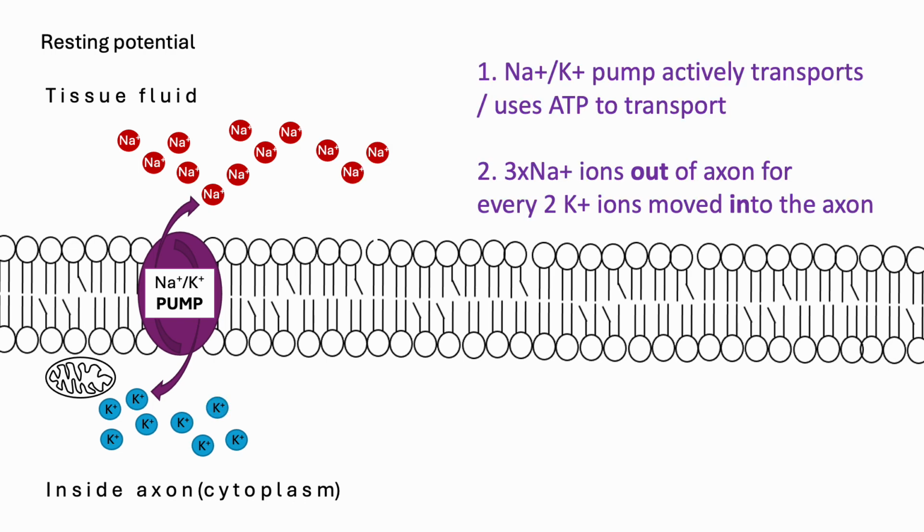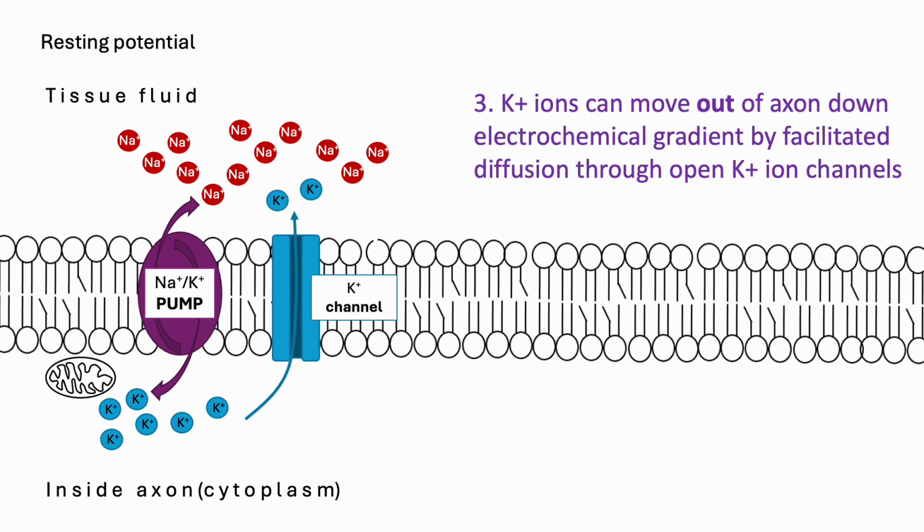The first 2 marking points are that the sodium-potassium pump is actively transporting 3 sodium ions out of the axon for every 2 potassium ions that are moved in. And then marking point 3, you need to mention that potassium ions then diffuse out of the axon down their electrochemical gradient.